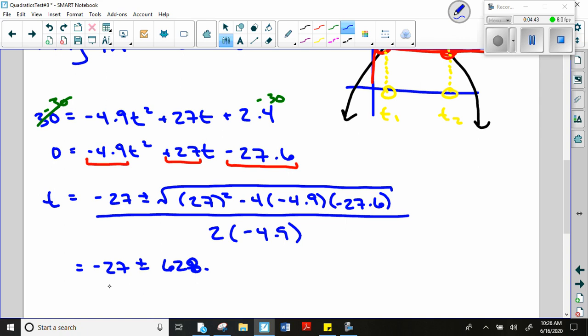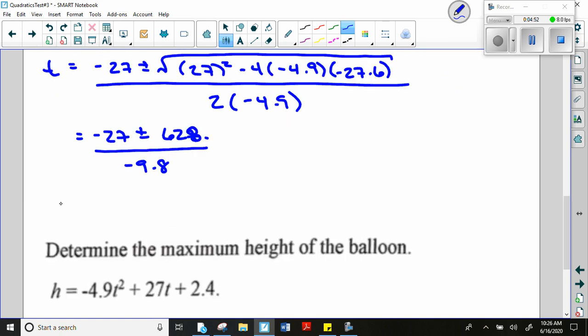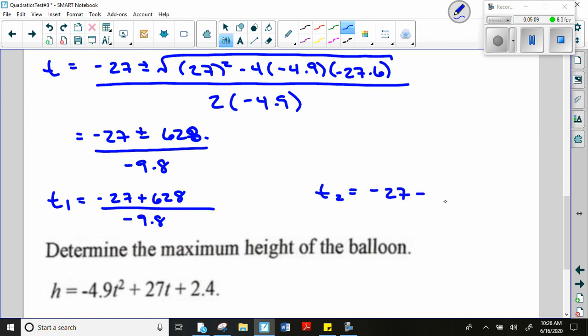No decimal place. Over negative 9.8. So the first time this is going to happen is when it's plus 628 divided by negative 9.8. And then the second time this is going to happen is when it's minus 628 over negative 9.8.